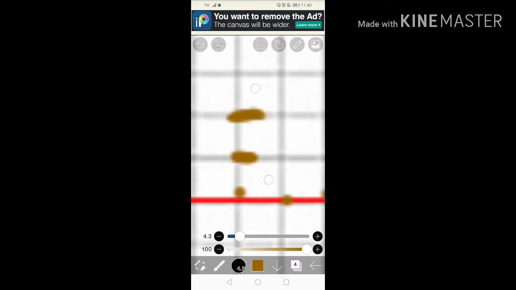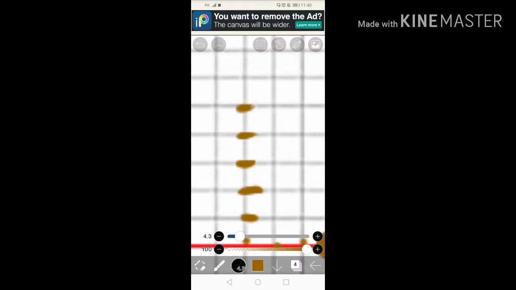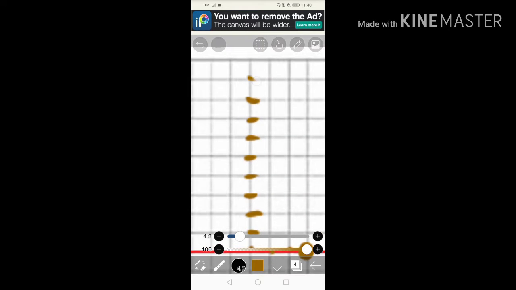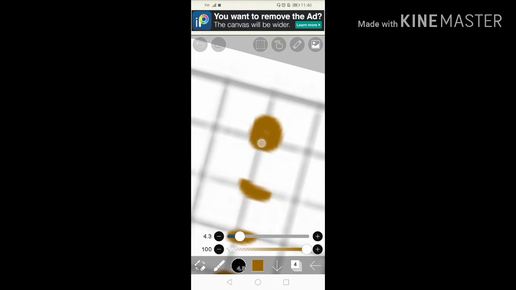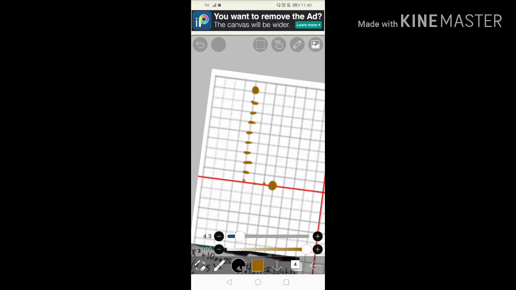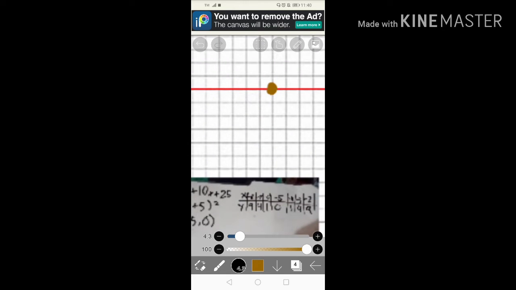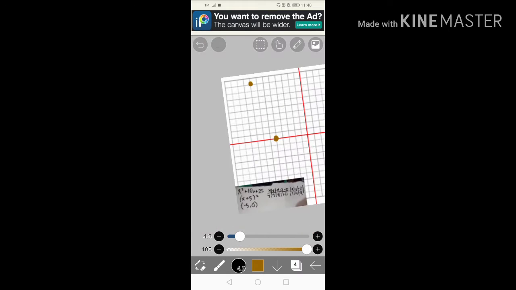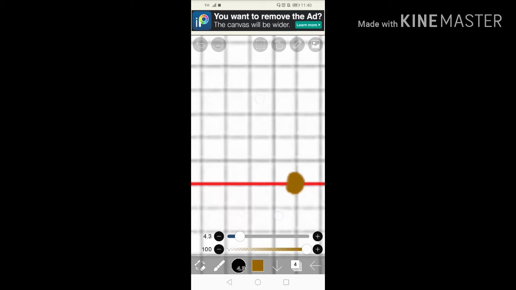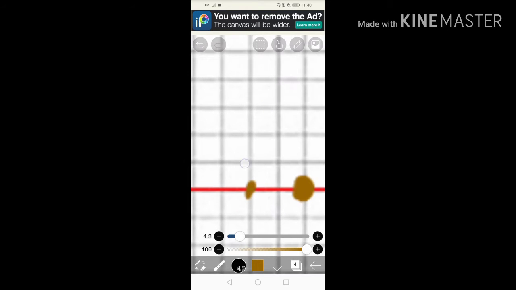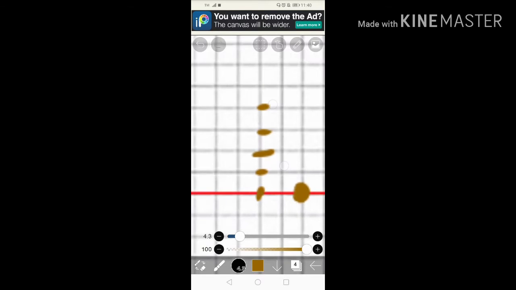So 1, 2, 3, 4, 5, 6, 7, 8, 9. Right here on the top. Okay. So next is negative 7 and then 4. So we're going to go here as the 7. 1, 2, 3, and 4.